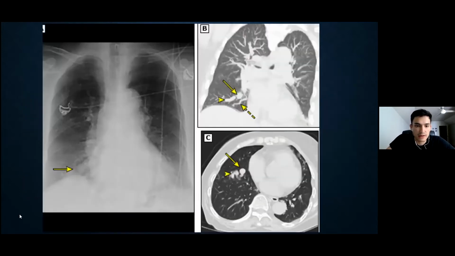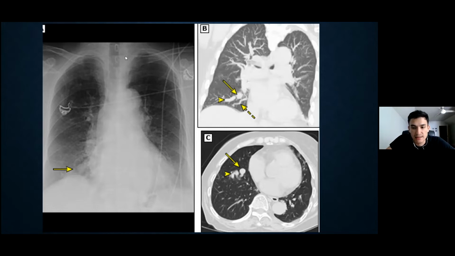So in this image, we can see in the chest X-ray that in the right lower lobe, there is a circular, well-circumscribed opacity. This was further evaluated with chest CT, and in this case, this chest CT was evaluated with contrast.